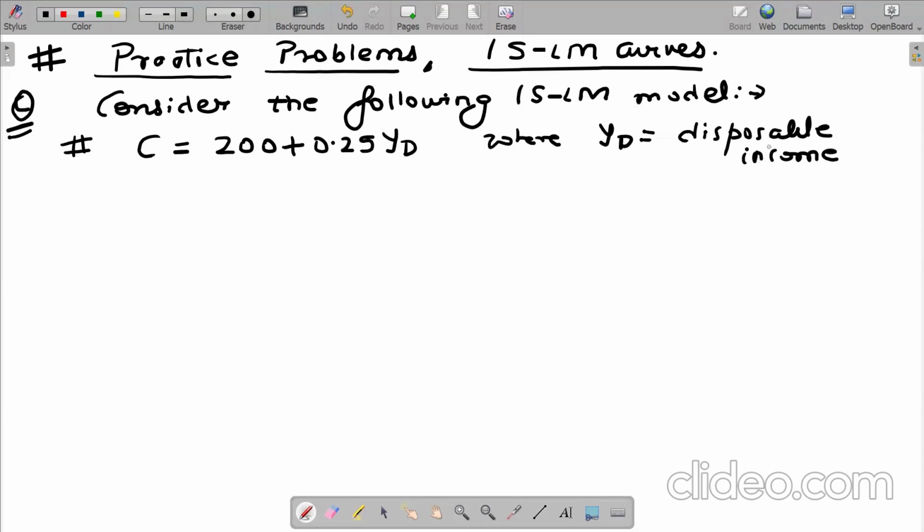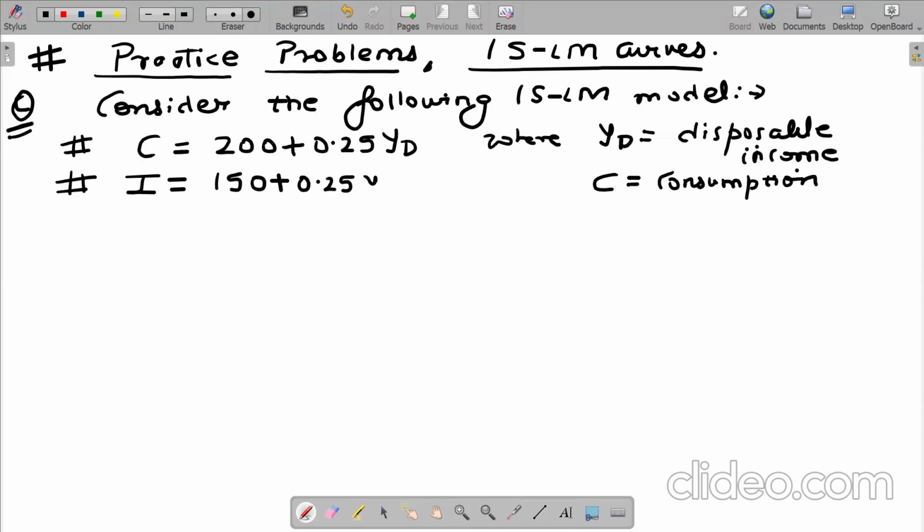C denotes consumption. We all know that consumption is a function of disposable income. Disposable income is the income left after paying taxes to the government. Okay, investment function is given by I is equal to 150 plus 0.25 Y minus 1000 i.